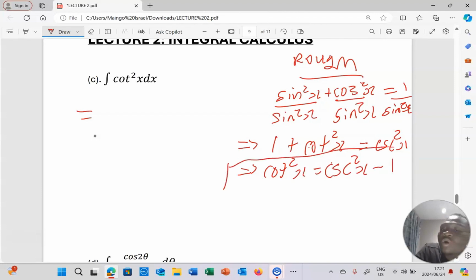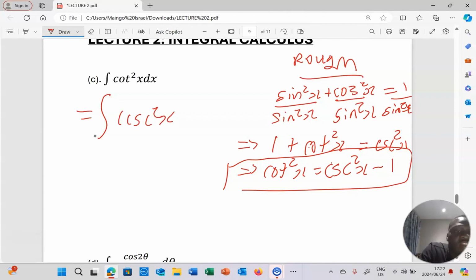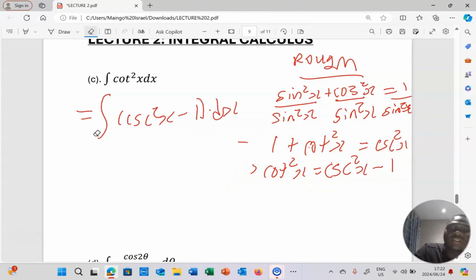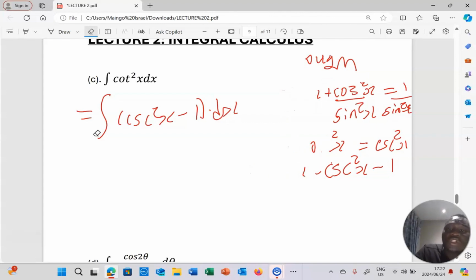So this is what we're going to use there. That means in the place of cot squared x we put cosec squared x minus 1 dx, because we've proven that this is equal. Continuing from there, we integrate separately.